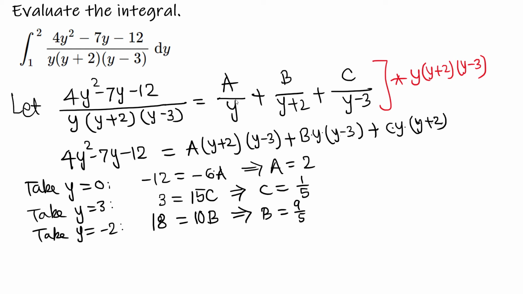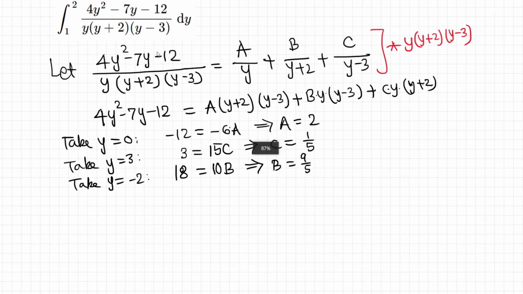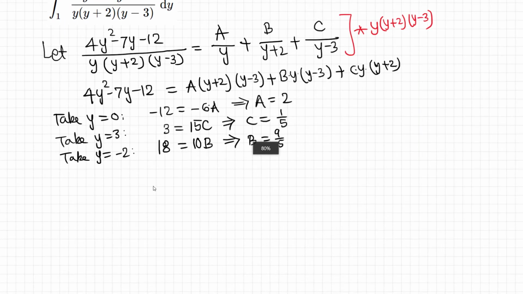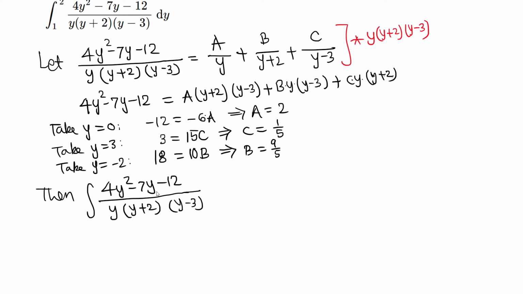So this complex fraction is in fact a sum of these three easier fractions where a, b, c are found here. So we can write this integral as follows. For now, I'm going to forget about the limits of integration. So the integral of (4y squared minus 7y minus 12) over y(y plus 2)(y minus 3) dy is a over y, so I'm going to write three integrals.